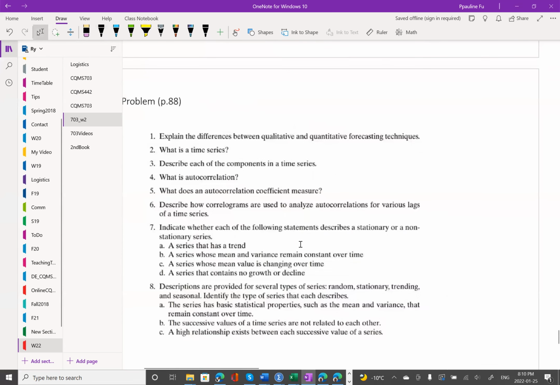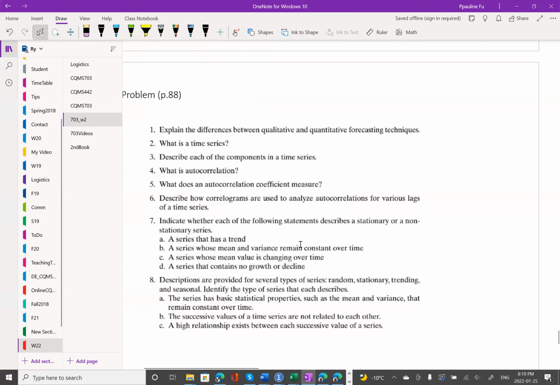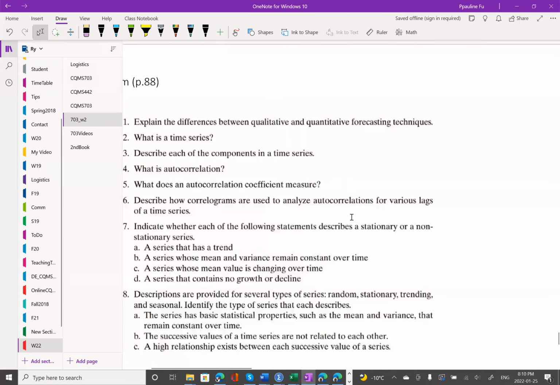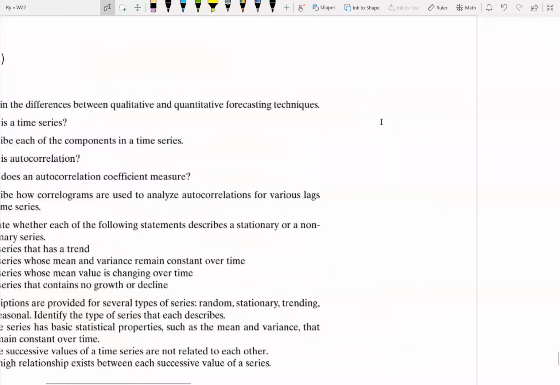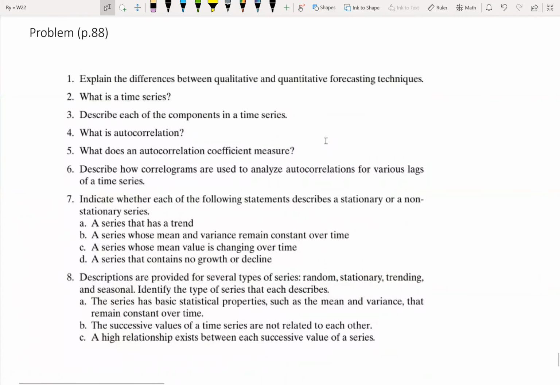All right, so now let's go over some questions. Question 1, explain the difference between qualitative and quantitative forecasting techniques. What is the difference between qualitative and quantitative? Any ideas?